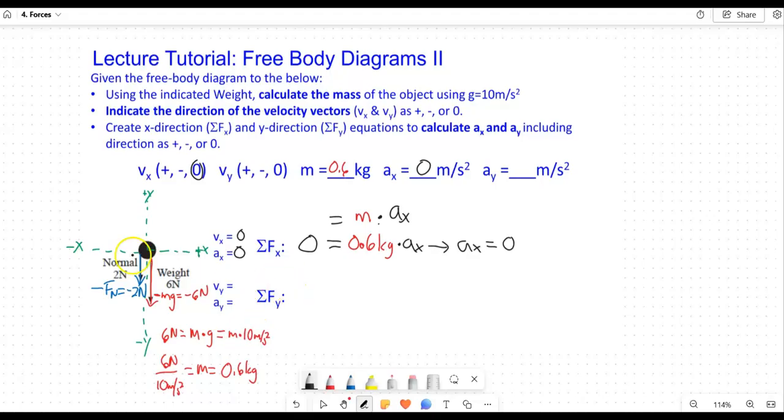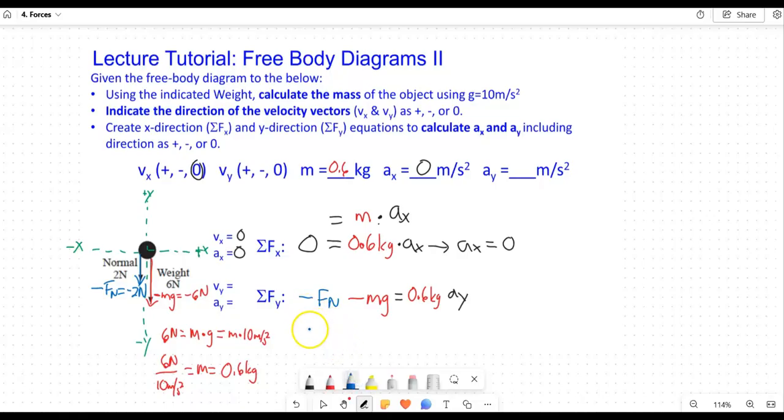Well, let's go ahead and sum our forces. You don't have to write this out formally like this, but I am. I have a negative normal force pointing down and an mg force pointed downwards as well. And then we're going to set those equal to the mass, which we figured out, 0.6 kilograms, times the acceleration in the y direction.